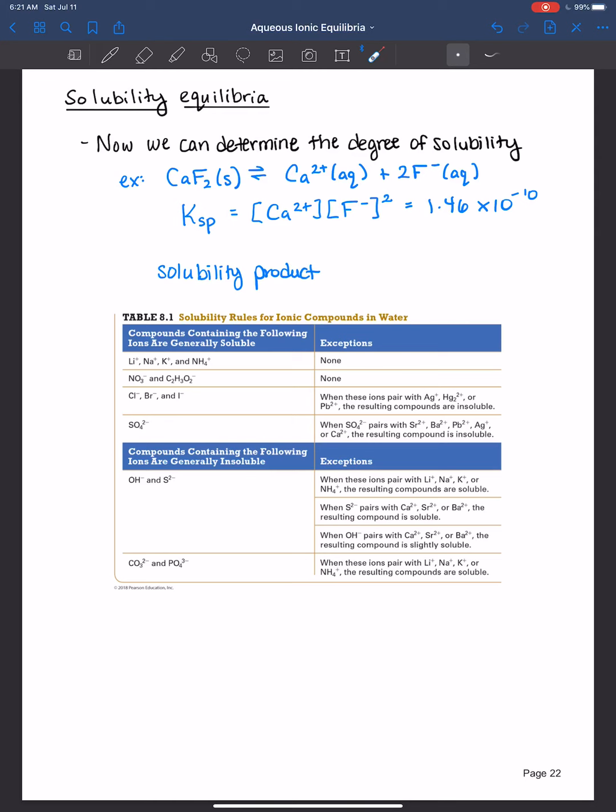And something that's very common for these types of problems is to calculate the molar solubility, to determine, well, what kind of concentration of solution can I prepare that is soluble enough in water before I exceed the saturated solution.